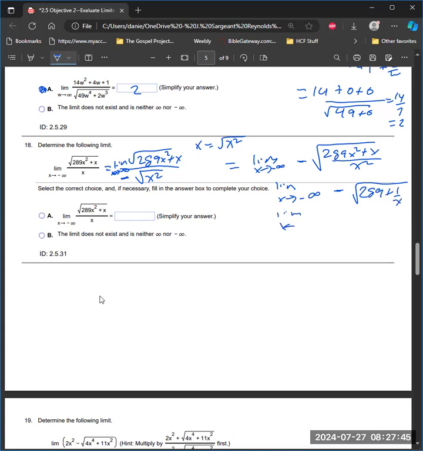The square root of 289 is going to be 17, so this is a negative 17. If you don't have that one memorized, 17 squared is 289.